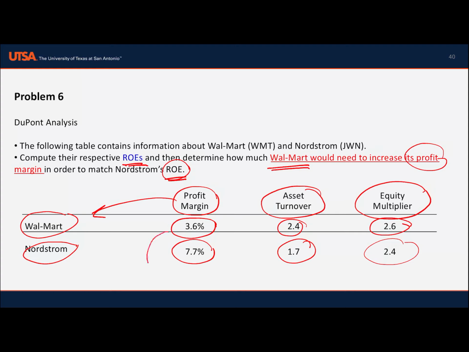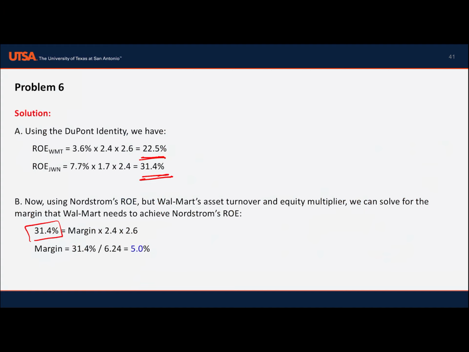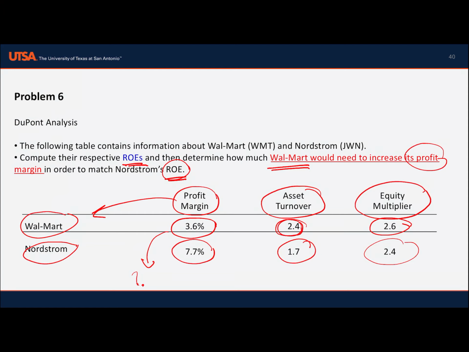We're trying to find what should be the profit margin for Walmart in order to have equal return on equity as Nordstrom has. So we are using 2.4 for Walmart as asset turnover and 2.6 for Walmart as an equity multiplier, and we try to find profit margin.